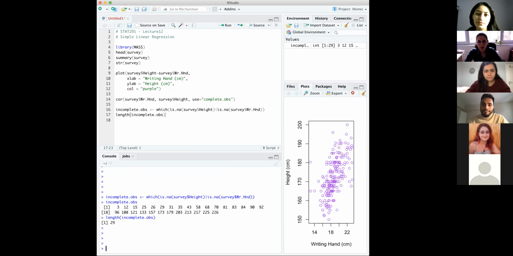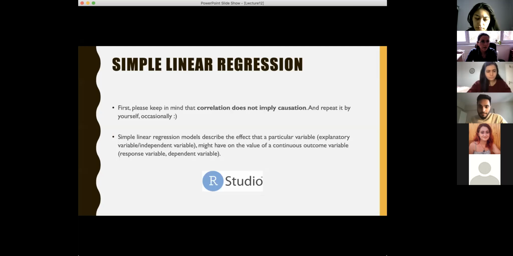Yeah, okay. So after having some idea about our data sets, I want to generate a research question in here, okay? So let's move back to our PowerPoint.